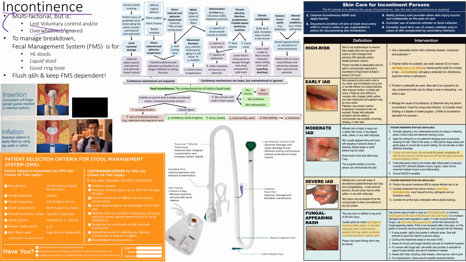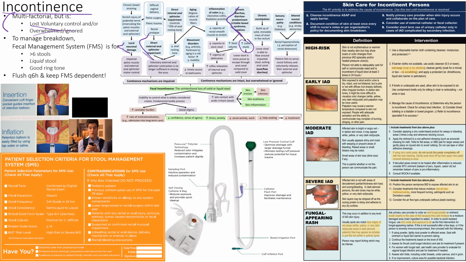Or it could be someone who has too much stool burden and can't make it to the toilet in time. There could be local neuron damage, or the external sphincter is just overwhelmed, and we talked about chronic diarrhea as well, loose stools that are just associated with incontinence.